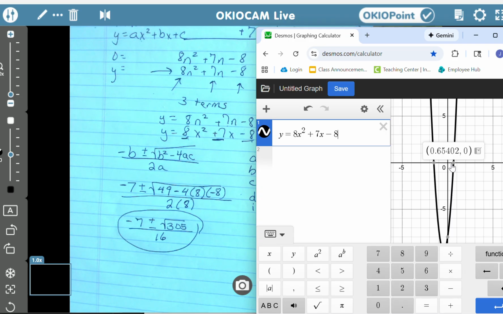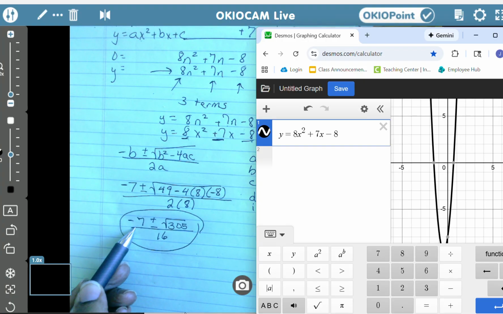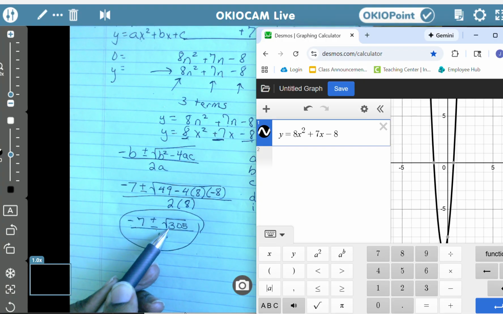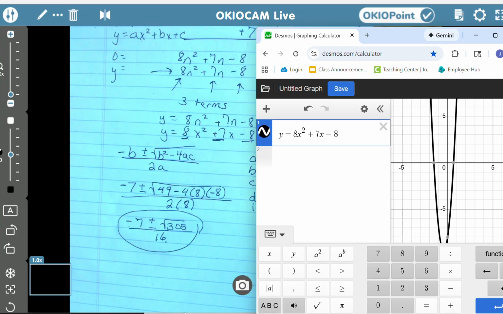You get a decimal answer right here, 0.65. We're not going to write those irrational numbers out. We're going to write it in radical notation. So our solution for this quadratic is negative 7 plus or minus the square root of 305 over 16.